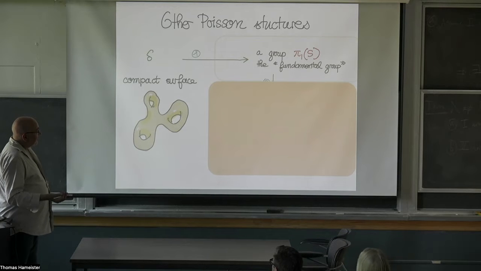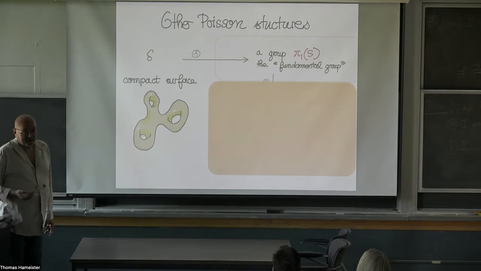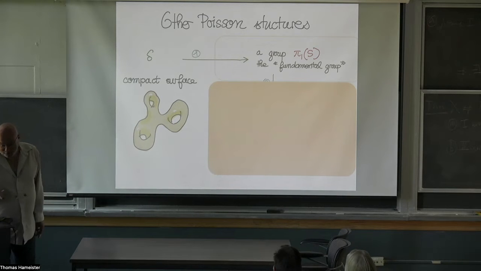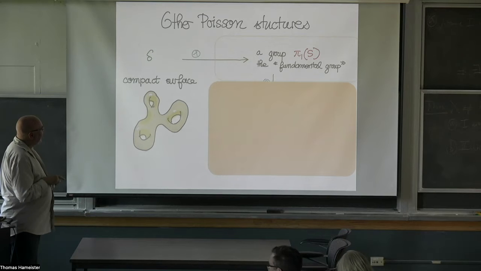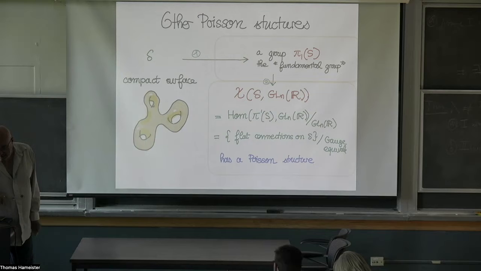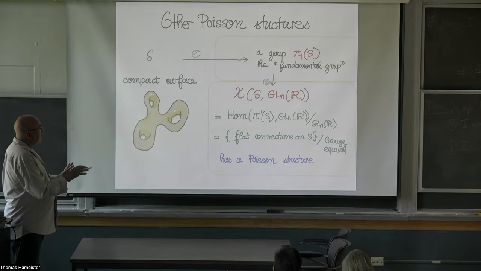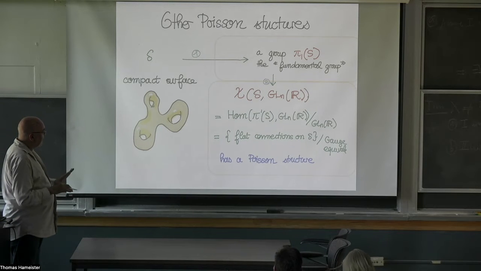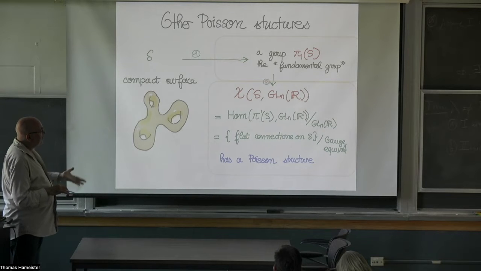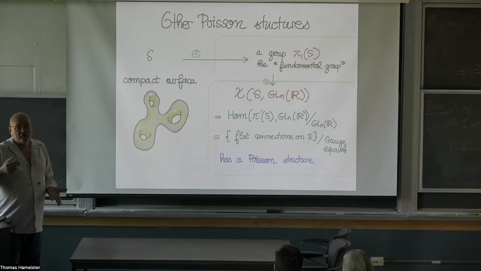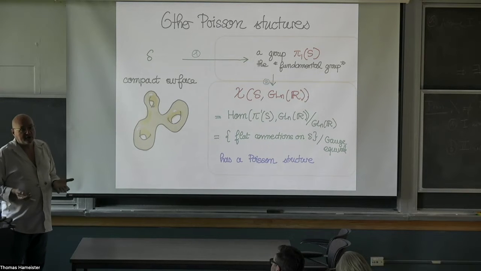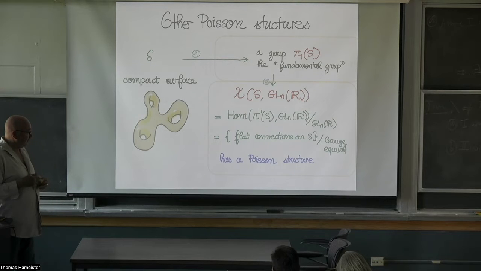If you don't know what it is, I'm not going to explain that right now, but everybody knows. Then I can consider these objects which are character varieties. I'm oversimplifying it, but please don't protest too much. This is the space of homomorphisms of your fundamental group into some linear group, divided by the linear group itself, meaning that two representations are the same whenever they are conjugate.